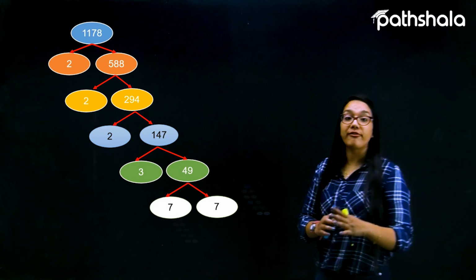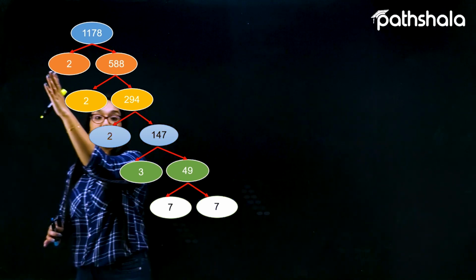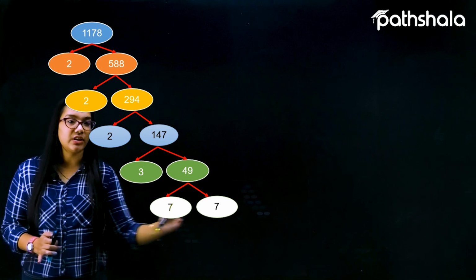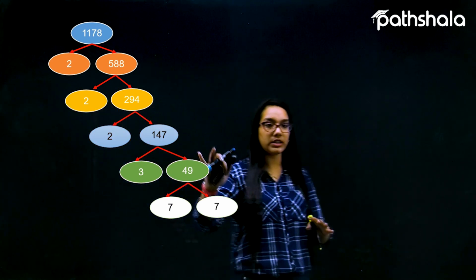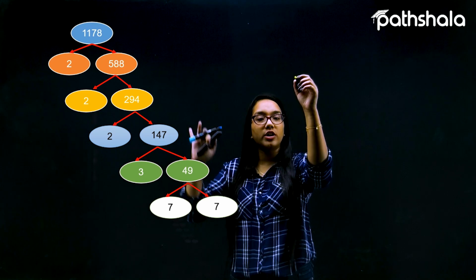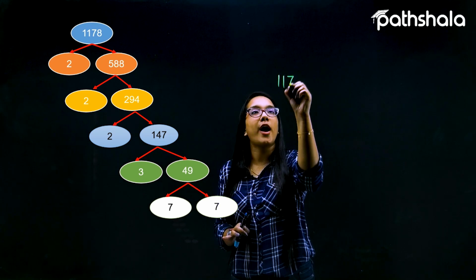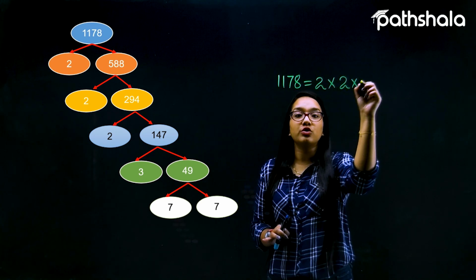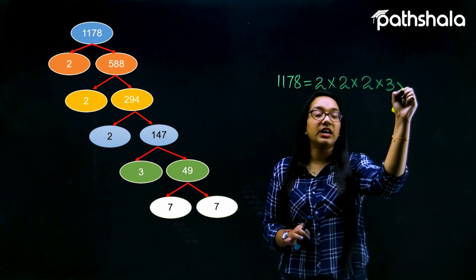So 1178 has factors 2, 2, 2, 3, 7 and 7. We can write all these factors, or the divisions, in the formation: 1178 is equal to 2 into 2 into 2 into 3 into 7 into 7.